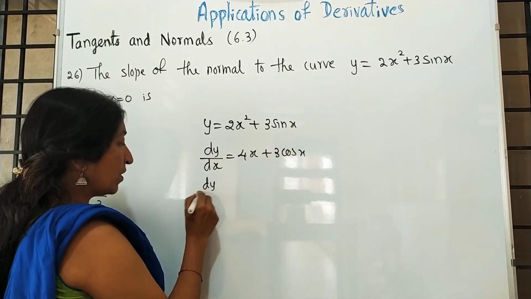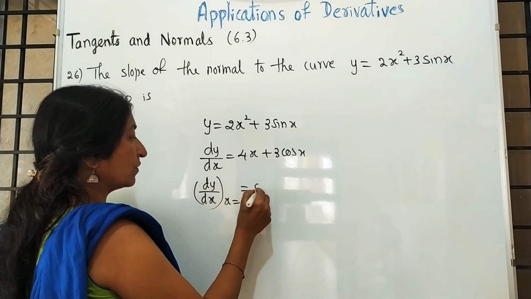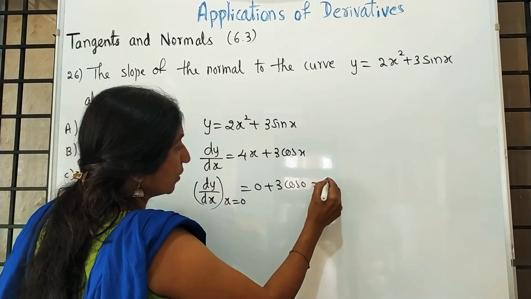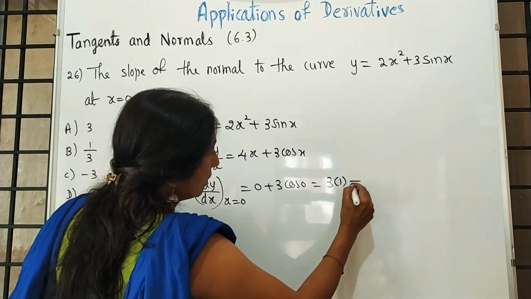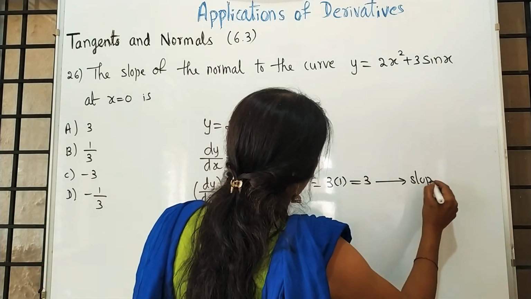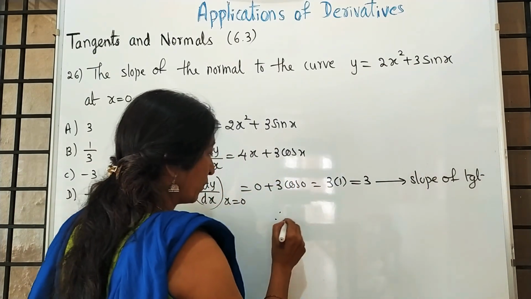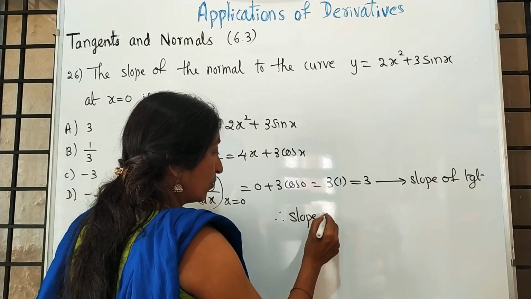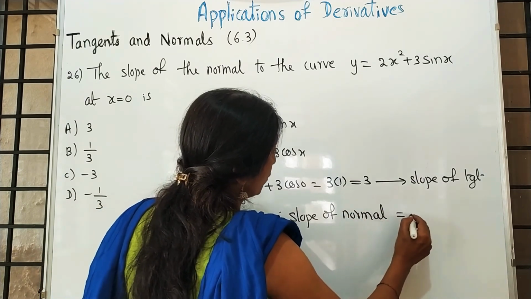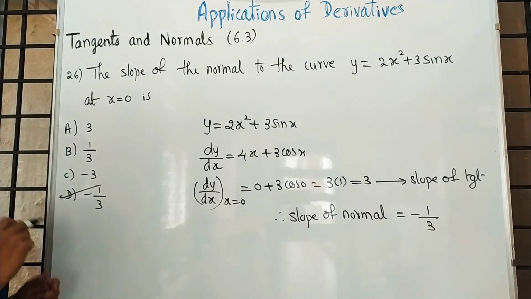Dy upon dx at x is equal to 0 is 0 plus 3 cos 0. Cos 0 is 1, so this is 3. We are calling it the slope of tangent. But they are asking the slope of normal. Therefore, slope of normal means its reciprocal with opposite sign, which is minus 1 by 3. So, the answer is D.